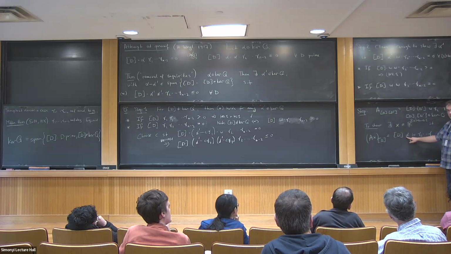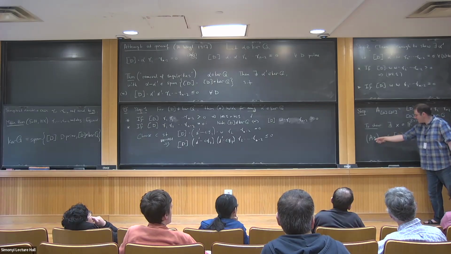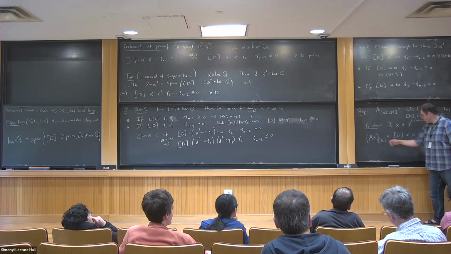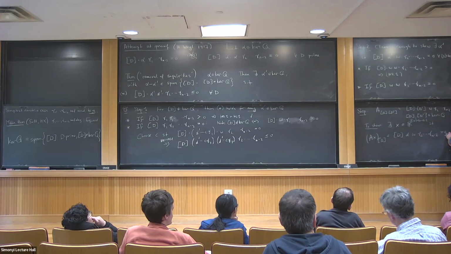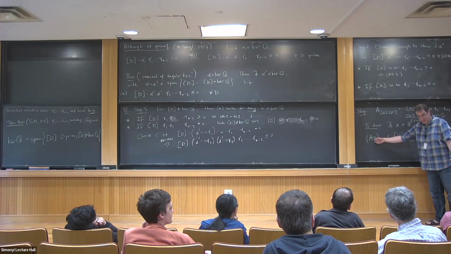Not alpha prime, alpha. My alpha prime will be alpha minus the sum over D of XD times D. Does that make sense? So this is just some vector, let's call it Y. I just have a system of linear equations, and I want to show that there exists a solution, an X. Is it good?